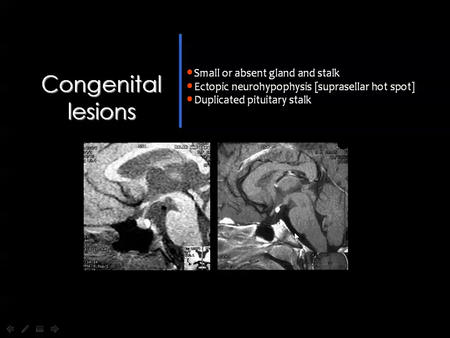The stalk itself is hardly appreciated, and this is one of the anomalies. It's a small or even absent pituitary gland or stalk. Ectopic neurohypophysis existing in the suprasellar area, and sometimes the pituitary stalk is duplicated.